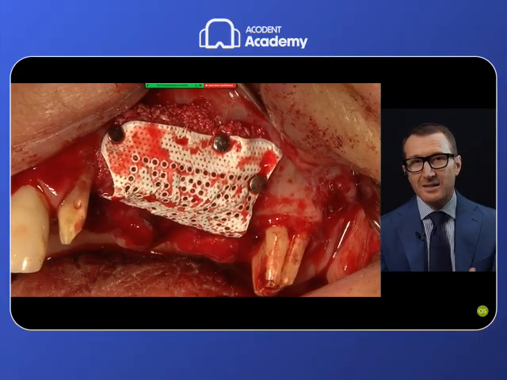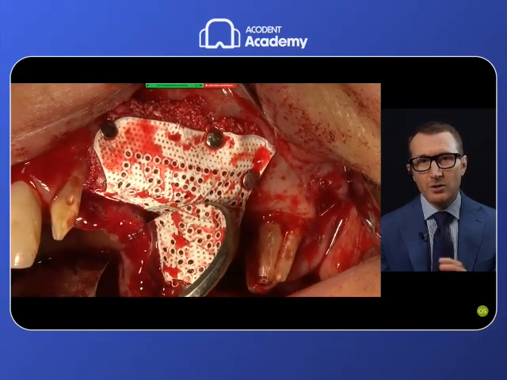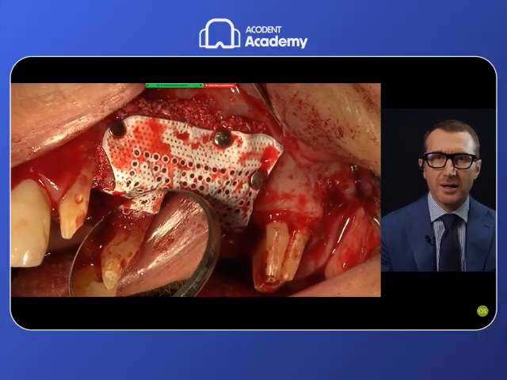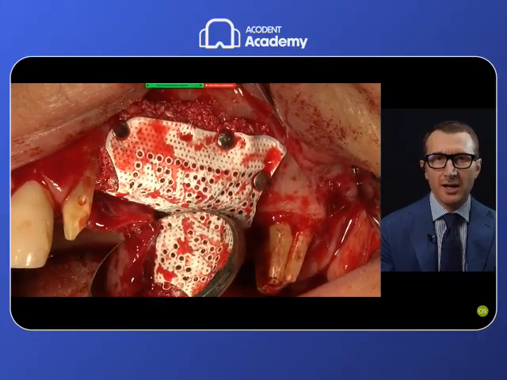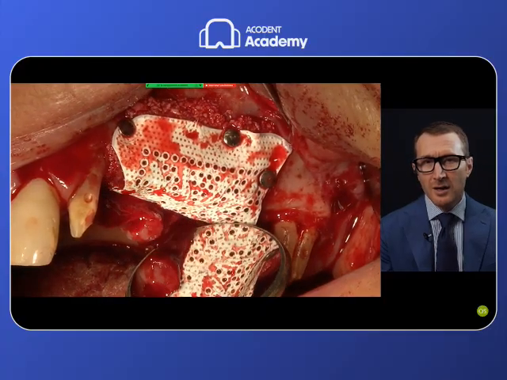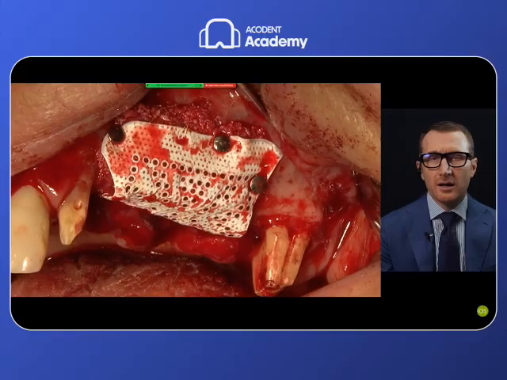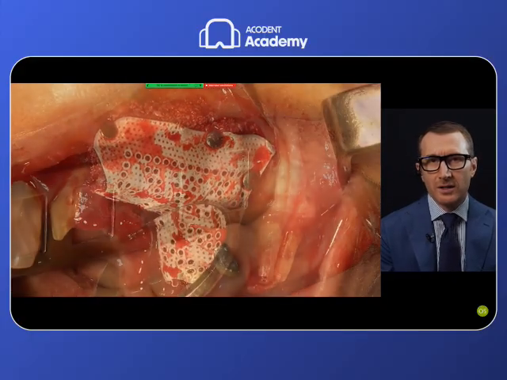It's obvious that GBR as a concept of not allowing or completely separating the two environments is a little bit changing or placed in discussion, but this is how we can manage to improve the vascular support.